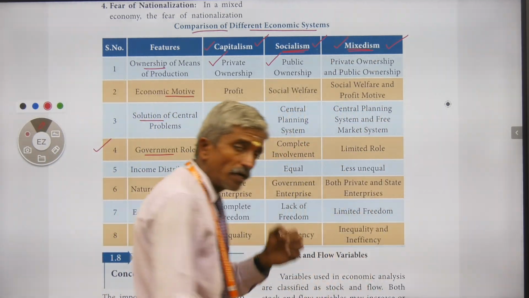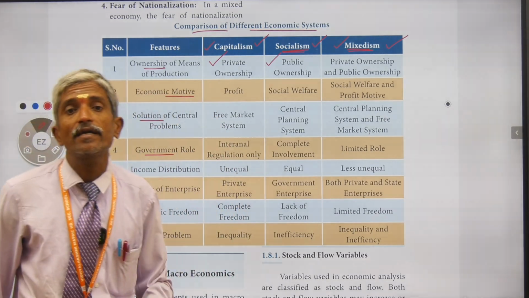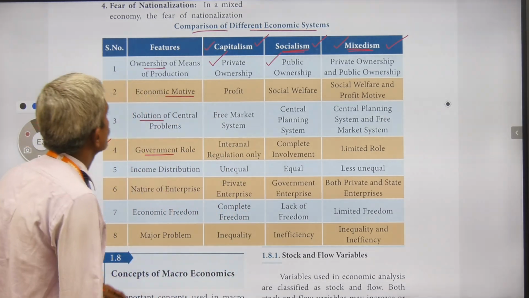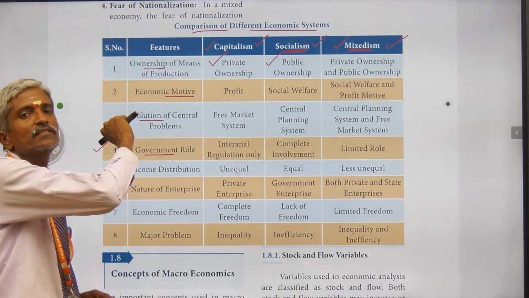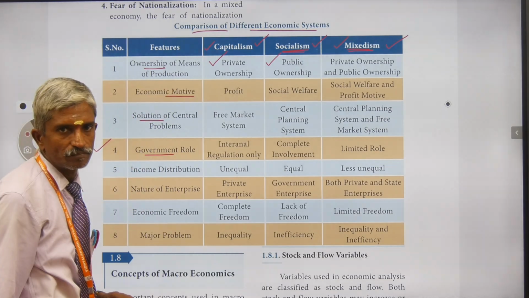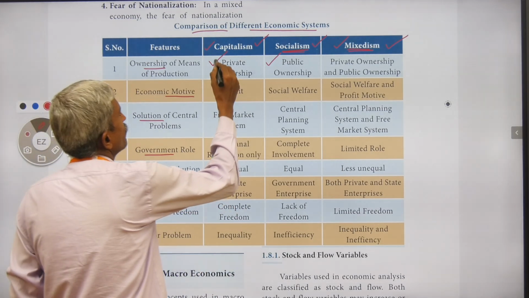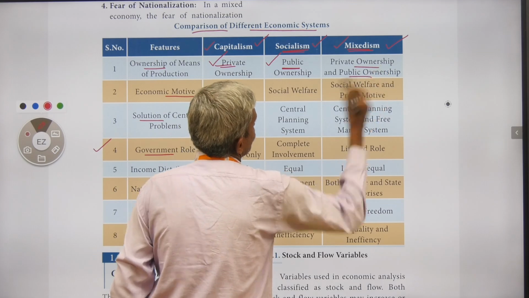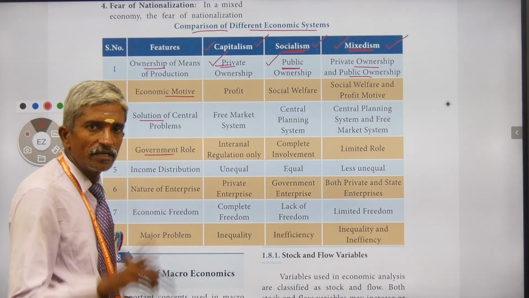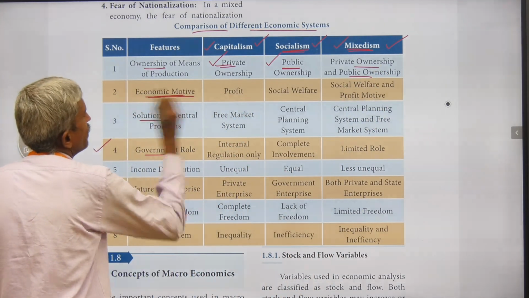Mixedism, example India. Here both exist, private as well as public. Ownership refers to the means of production: private, public, and both.